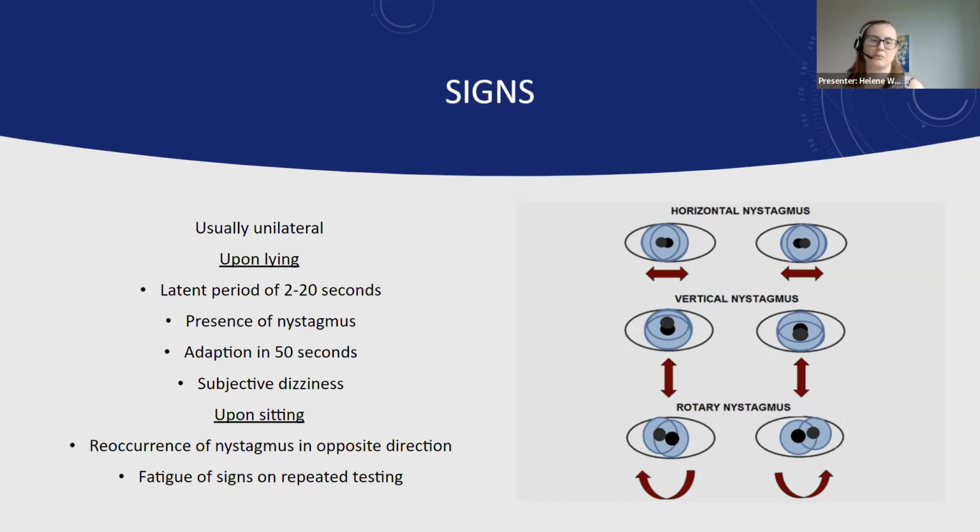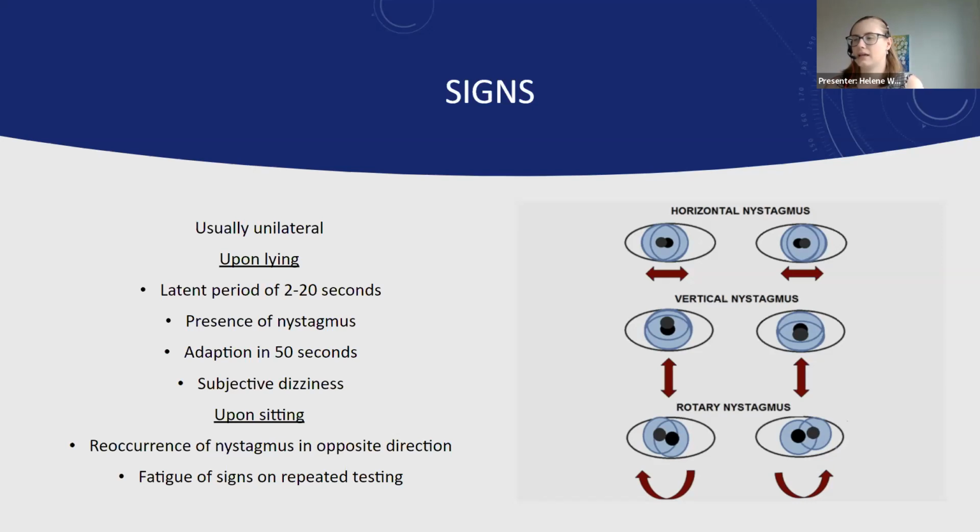We'll go through the assessment in a moment where you might see the presence of these signs. Generally, signs occur unilaterally. So we're looking for BPPV only on one side, although theoretically a bilateral presentation is possible. Generally, the assessments involve lying people down and sitting people up in various different configurations. And essentially, we're looking for nystagmus.